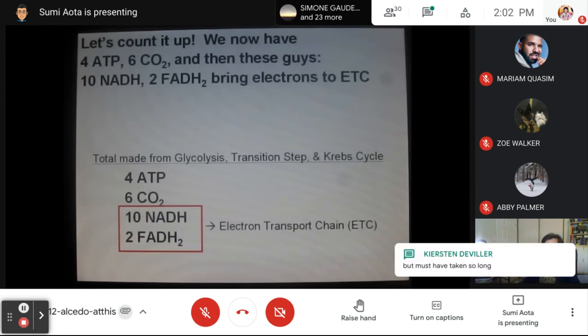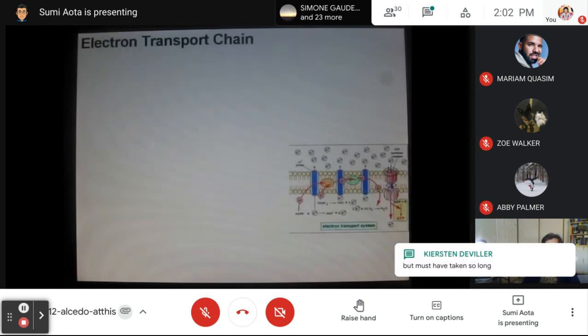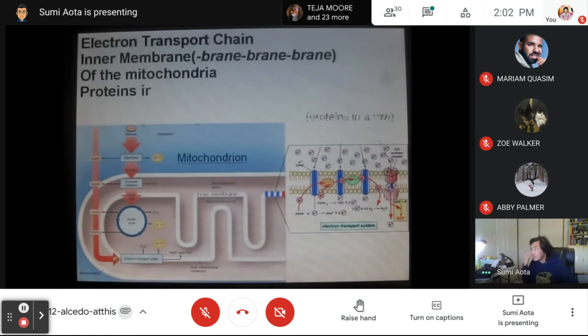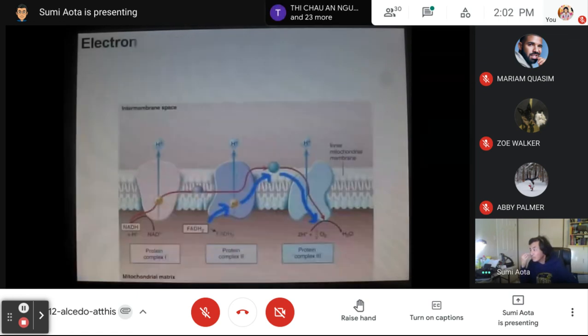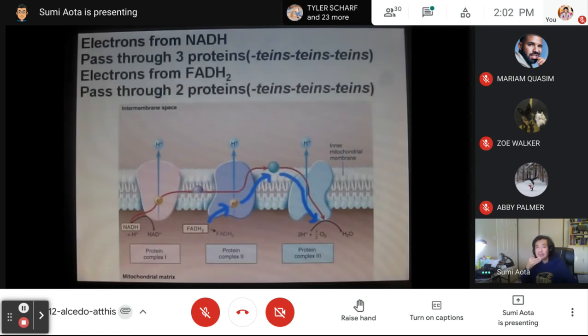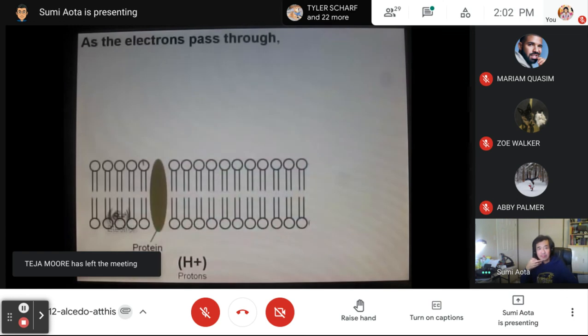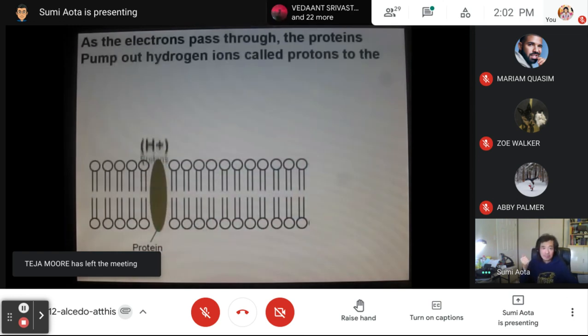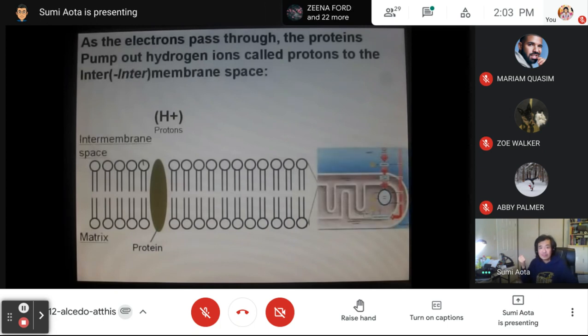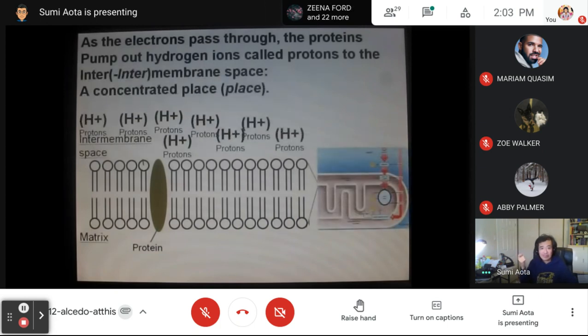electrons to the ETC. Electron transport chain, inner membrane, brain of the mitochondria. Proteins in lane. Electrons from NADH pass through 3 proteins, electrons from FADH2 pass through 2 proteins, as the electrons pass through the protein complex, hydrogen ions, called protons too, go to the intermembrane space, a concentrated place.